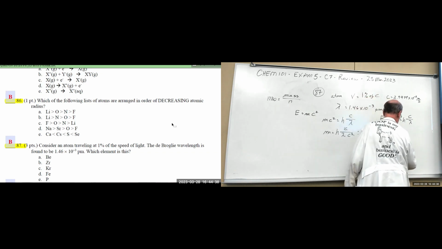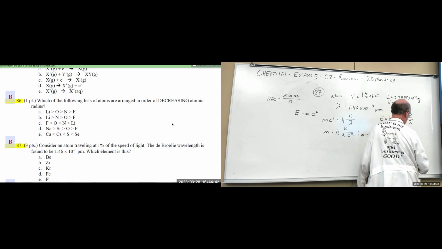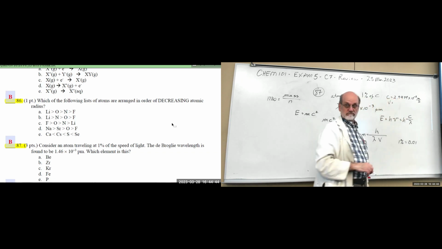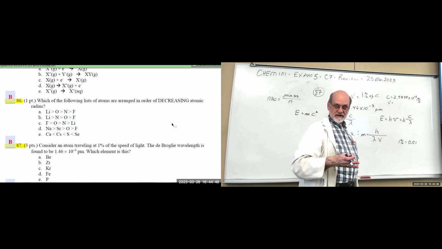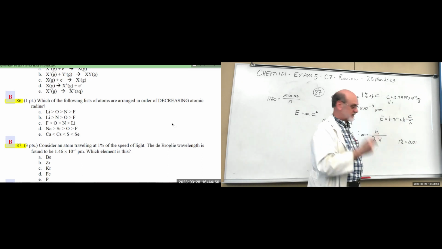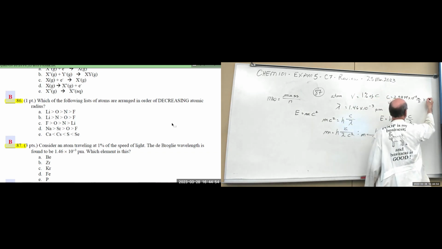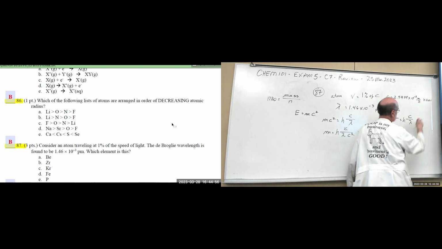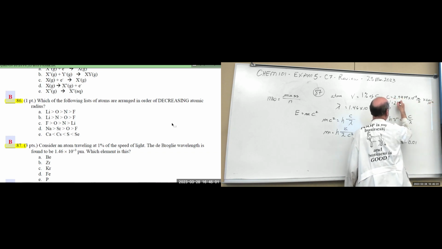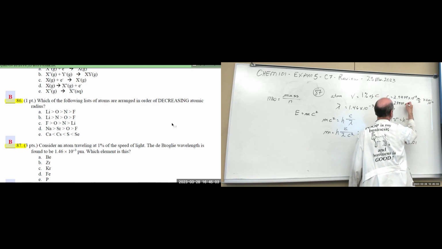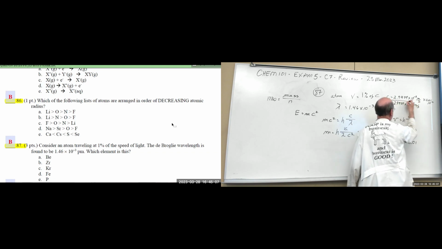It's 0.01. 10% would be 0.1, 100% would be 1. So the multiplier here is 0.01, which is 10 to the minus 2. That's our velocity.